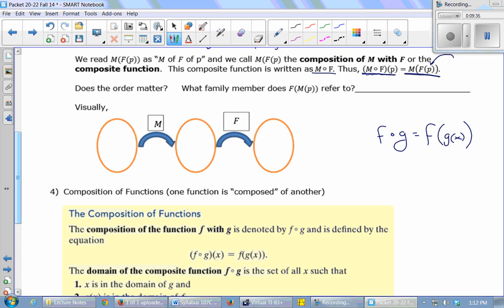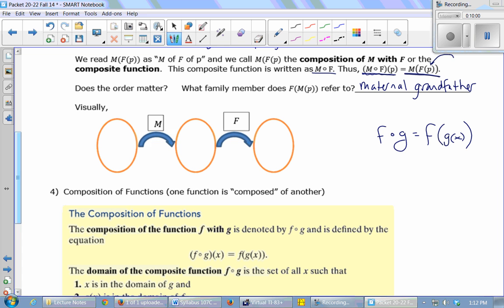Okay, so the question is, does the order matter? What if I switch the order here? Instead of doing M of F of P, I did F of M of P. Who does that refer to? The maternal grandfather. Different person, right?